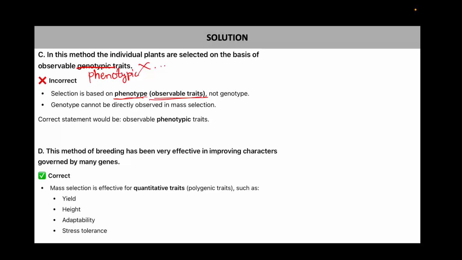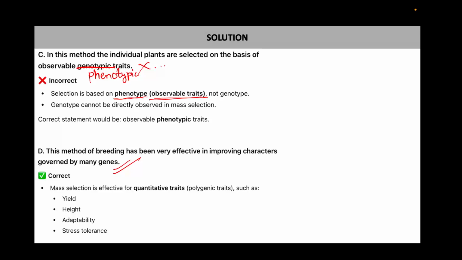Then statement D was that this method of breeding is very effective for improving traits that are governed by multiple genes. Yes, because when traits are governed by multiple genes, you cannot select plants on the basis of single genes. Suppose a trait has four genes controlling it. It is very difficult to incorporate four higher quality genes in a plant, so it becomes difficult to control that trait.